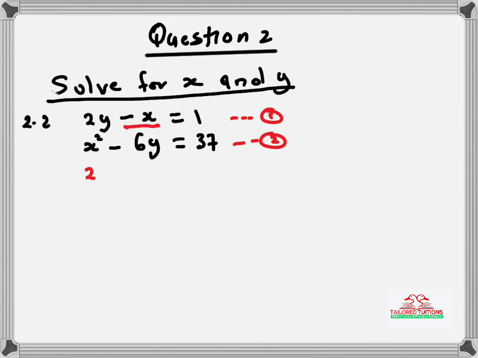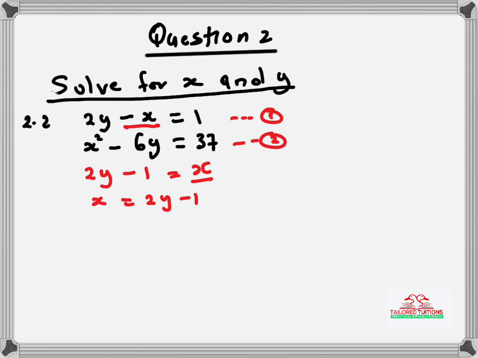And again, don't try to be flashy, just transpose this 1 and also x. Then if you are used to the subject of the formula being on the left hand side, you can now do this. X is equal to what? 2y minus 1. That is your third equation now.